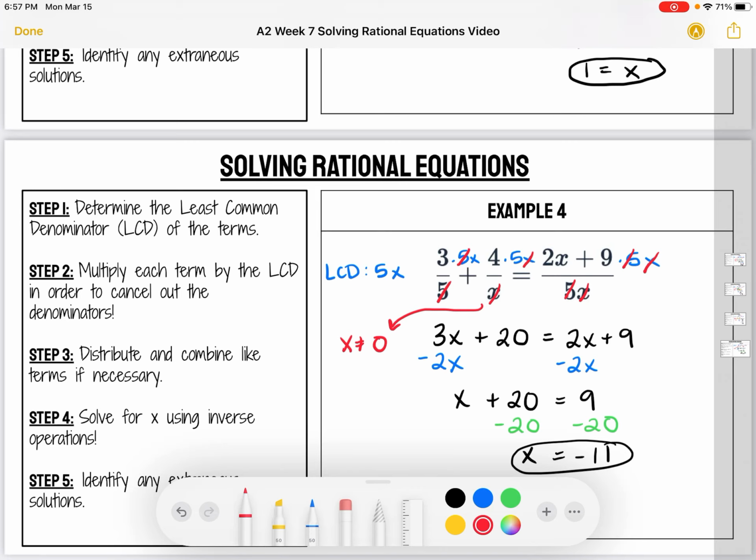If I don't want 5x to be equal to 0, then x can't be 0, because the only way to get 0 there is if I plug in a 0, which multiplies by 5 and still gives me 0. So the only thing that I can't have here is x equal to 0. Okay, so this is not extraneous because x is equal to negative 11.